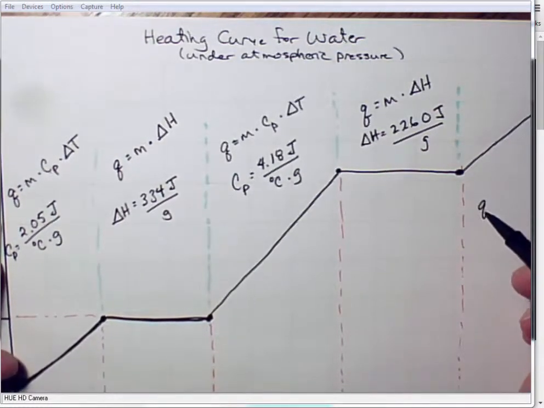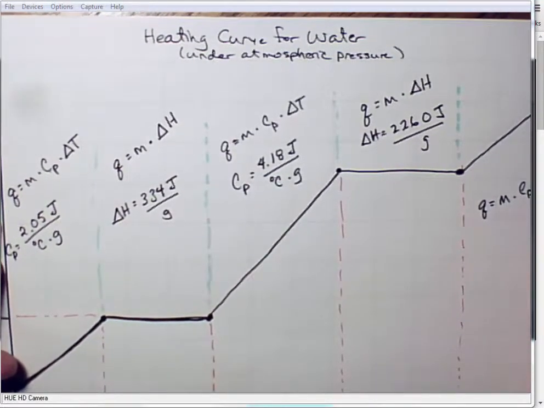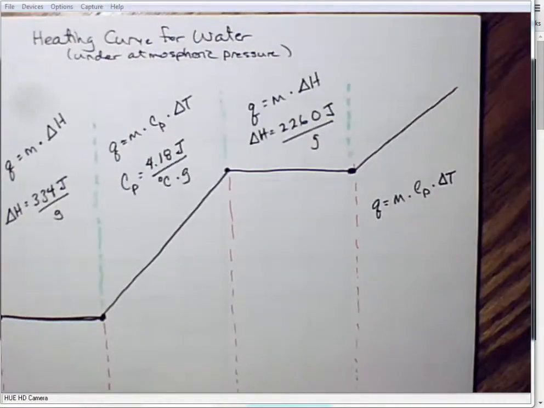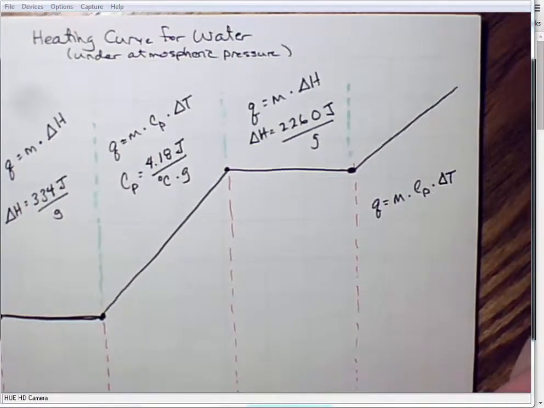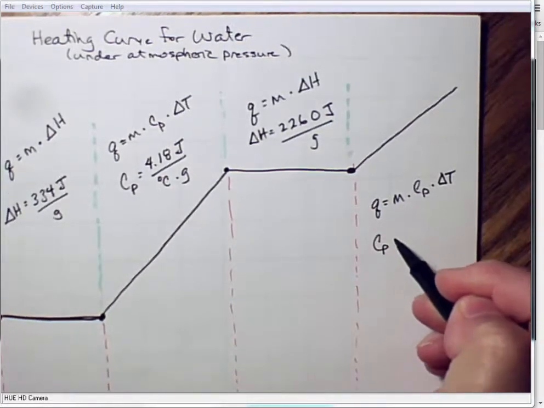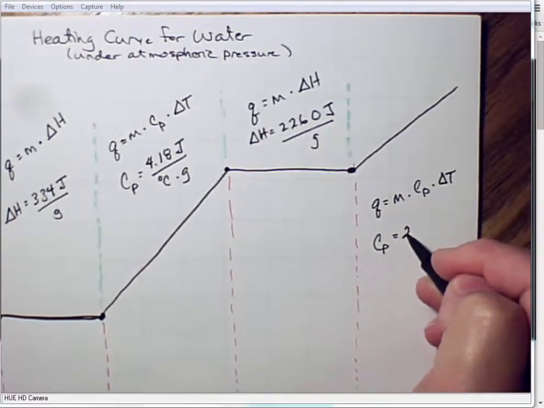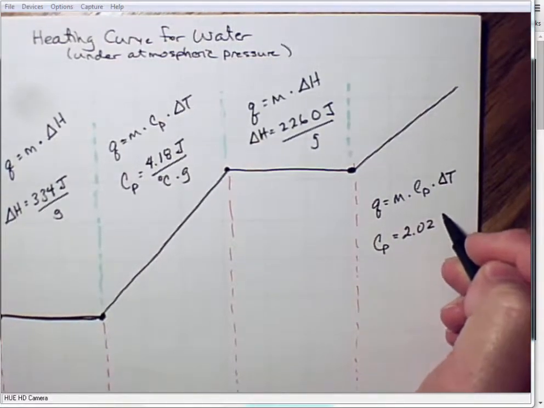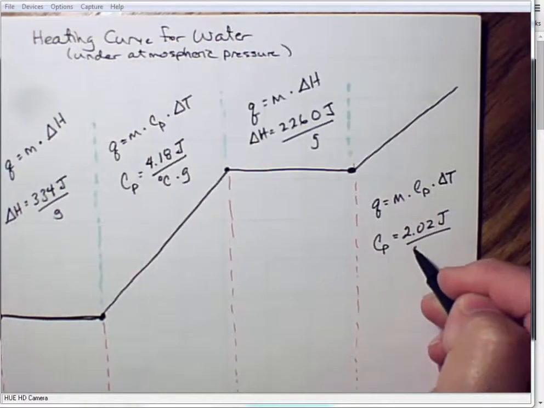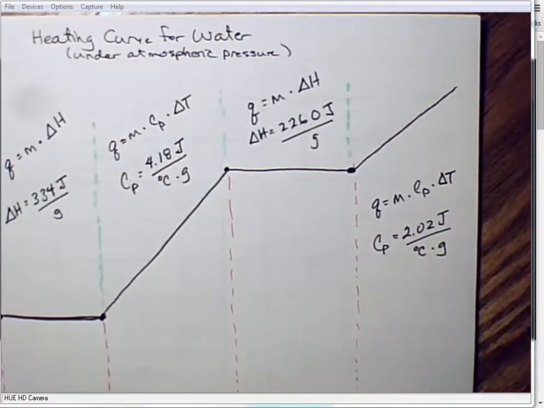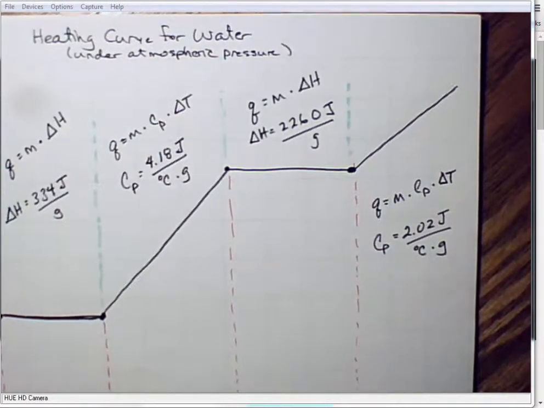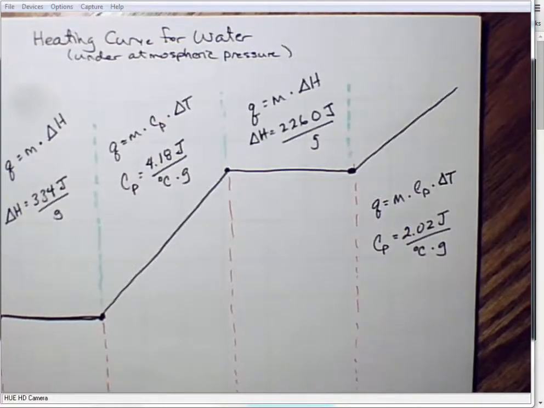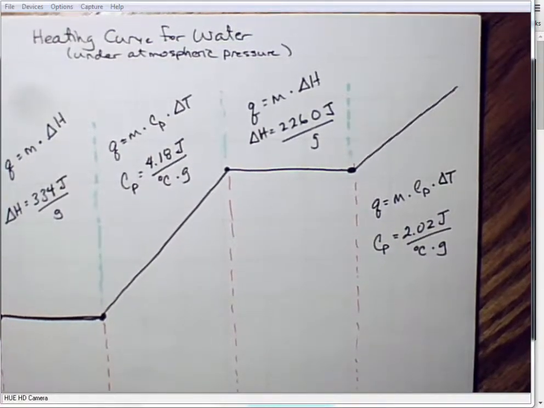Yes. And the value of specific heat or heat capacity for steam is 2.02 joules per degree C per gram.